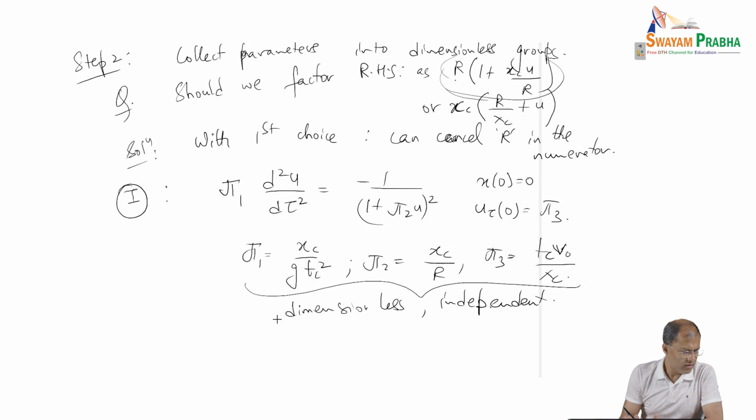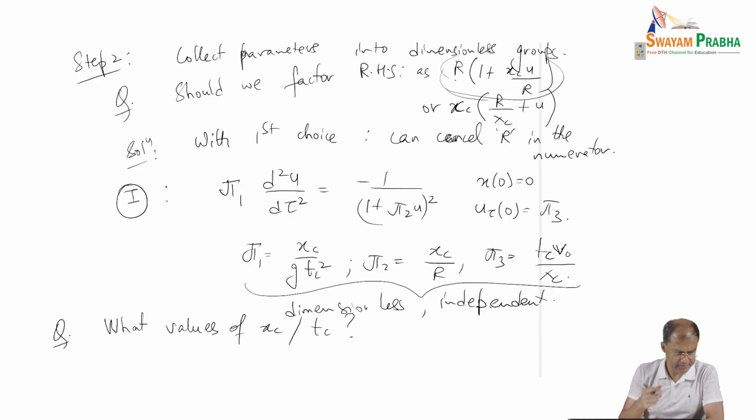So another question we have to ask is, what values should we take for this characteristic time scale and length scale, xc and tc? So what values of xc and tc to take?